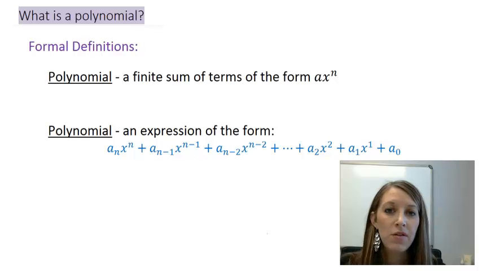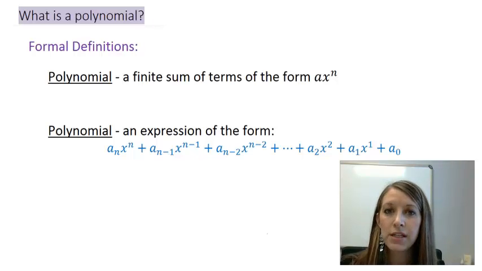Once I give you these definitions, I definitely don't expect you to completely understand what polynomials are. These definitions are very math-textbook definitions, in my opinion. They don't really explain what polynomials are. They just clarify it for somebody who already has an understanding of them. But if you are new to this and you have no idea what a polynomial is, I don't think they do a very good job of explaining it.